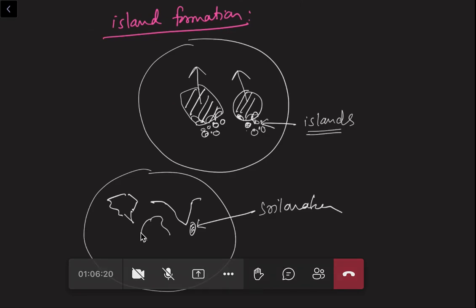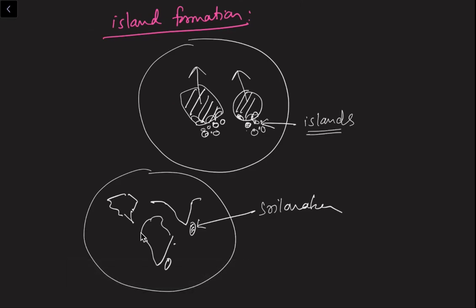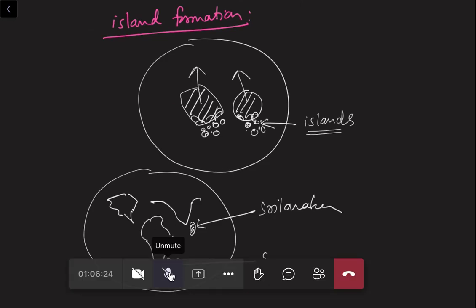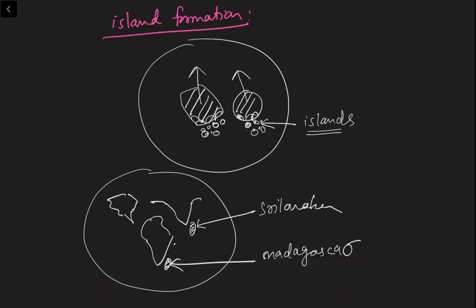Even near Africa, there is an island called Madagascar. So he said these small islands are nothing but rock fragments from the bigger continent, which have now turned into islands.